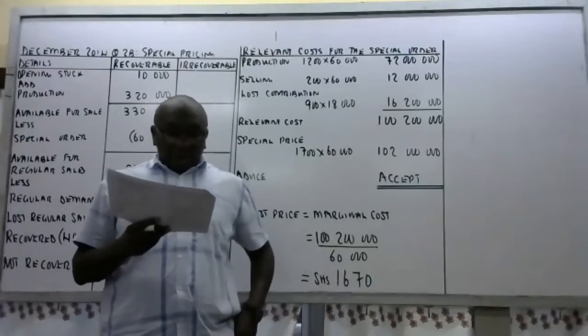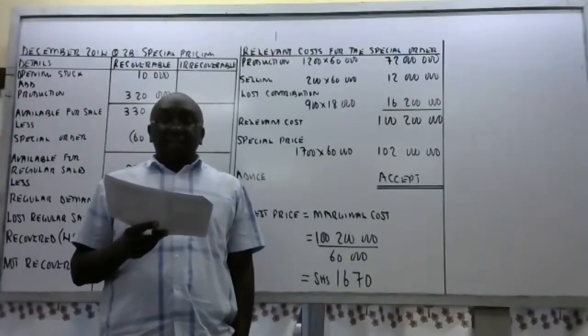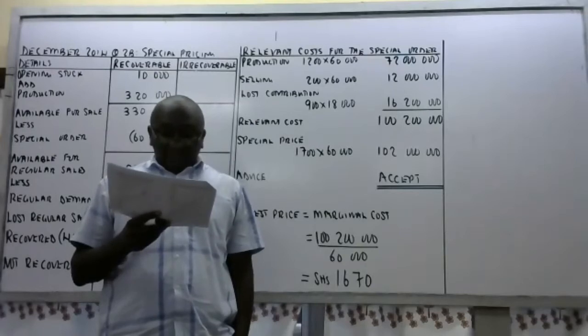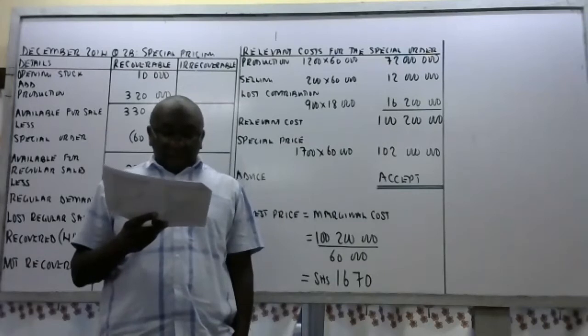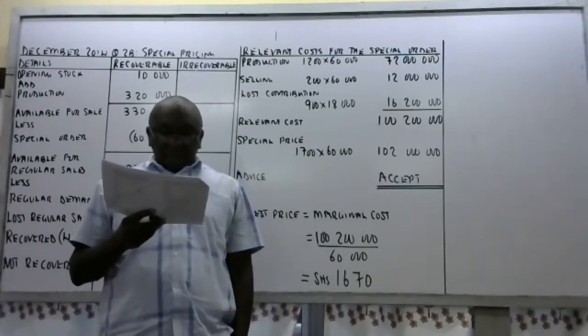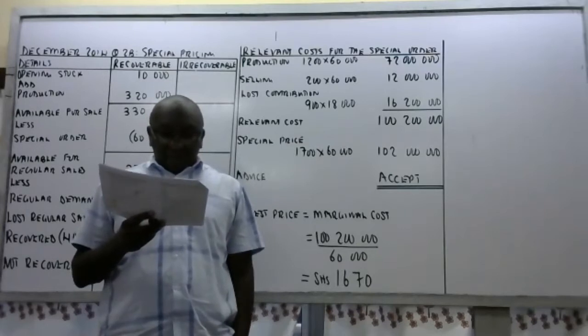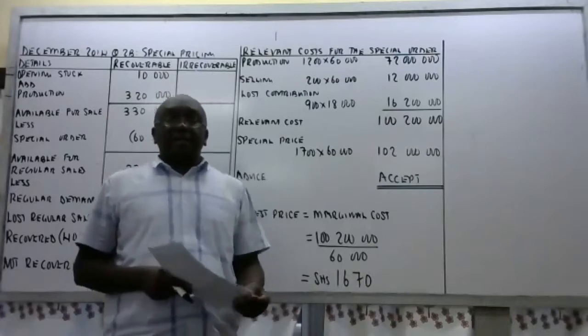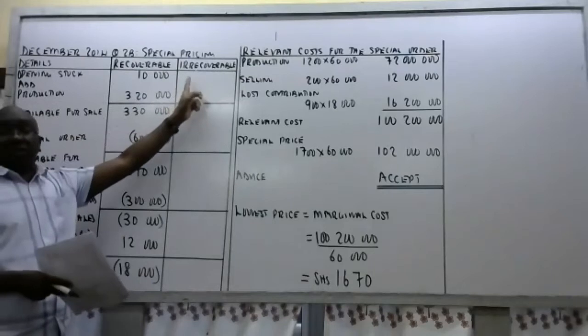Next is, suppose the special order is now for 50,000 units per month at 1,700 per unit for the entire year, and the expected regular sales are 300,000 water heaters per month with no beginning inventory and sales lost are irrecoverable. Advise the management on whether the offer should be accepted. So we will come back here to our table of the stocks.